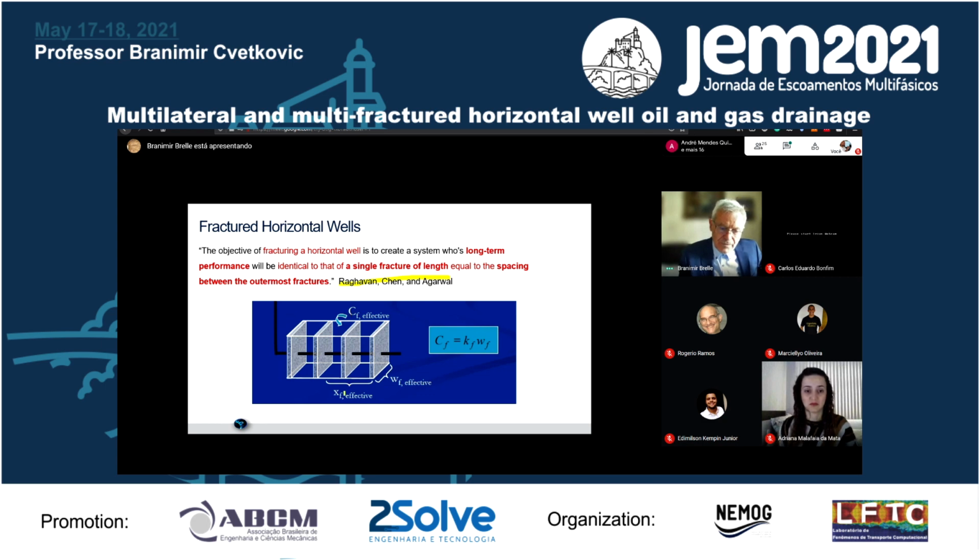So what this is telling me is that the objective of fracturing the horizontal well is to create the long-term performance. I will have that these 4 fractures will be equal to a single fracture of that half length, you see, and of that width.